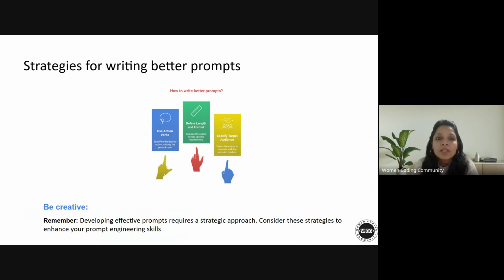For a specific part of your application, in this case of a chatbot, you don't want lengthy responses, right? The user would be very disinterested to read through all those lines. So it's always good to restrict your responses.